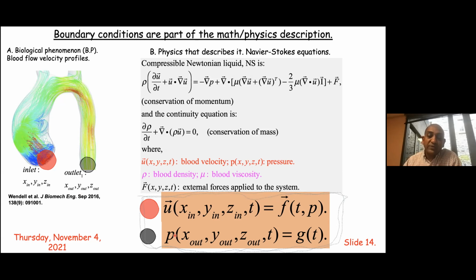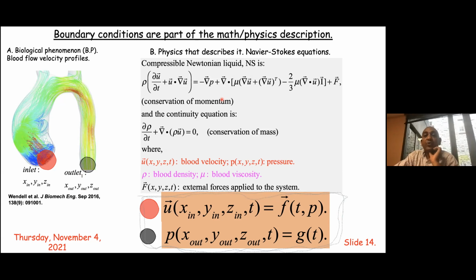And so I propose that in our simulations, we use pressure outlet boundary conditions. Truth be told, pressure at the outlet can also be a time varying function G. And so these are some of the boundary conditions that we might be thinking about in 3 dimensions.